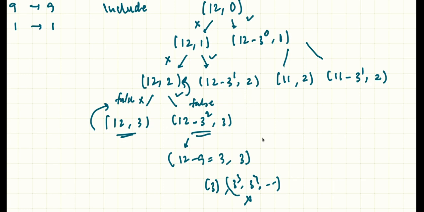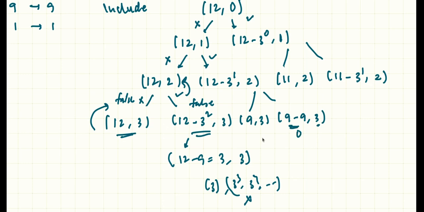At this particular point I have two possibilities, right? Can 12 minus 3, which is 9, be formed with powers of 3, or can 9 minus 3 square, with the rest of the elements, which is powers from 3 and above?